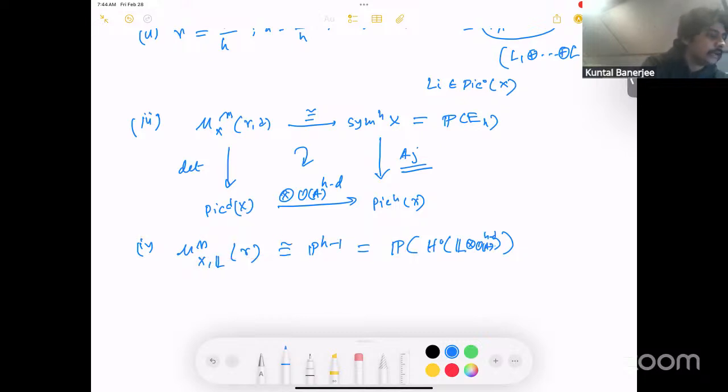So this actually tells us that the symmetric powers are going to be important in case of elliptic curves. Good.